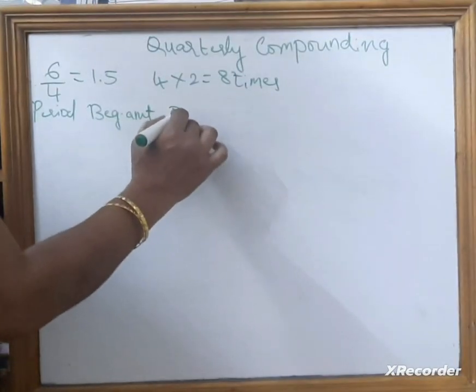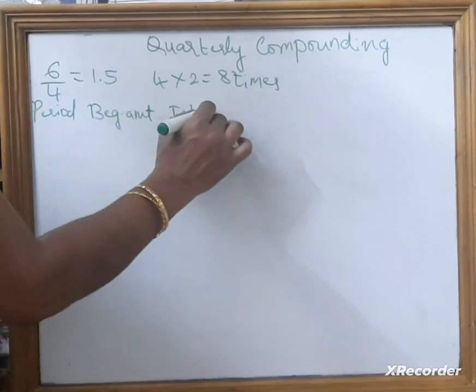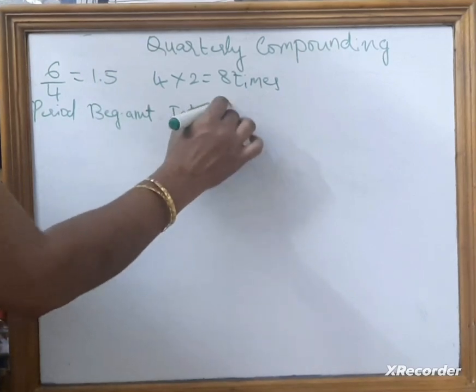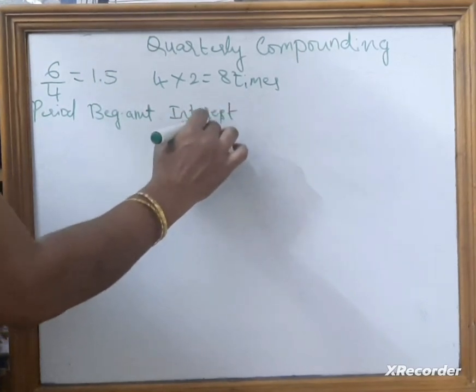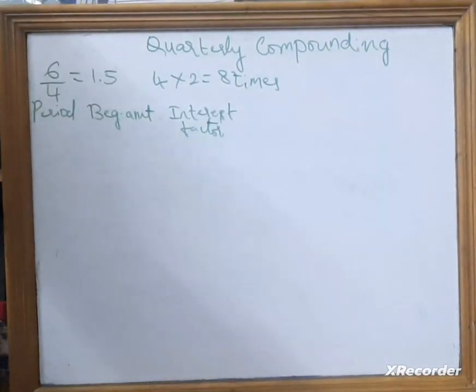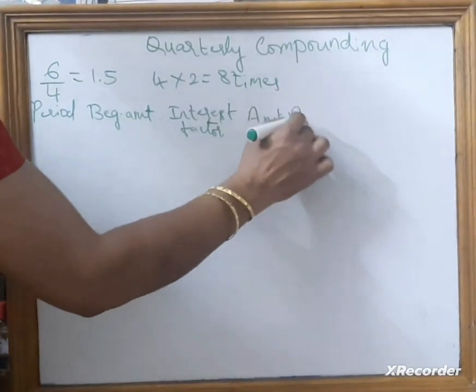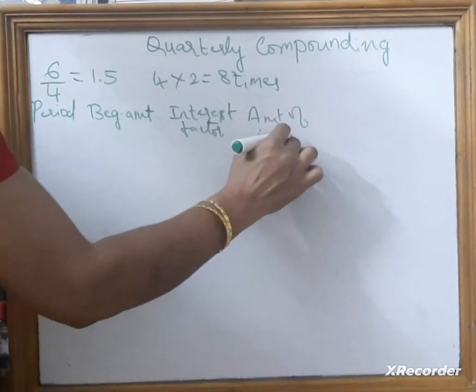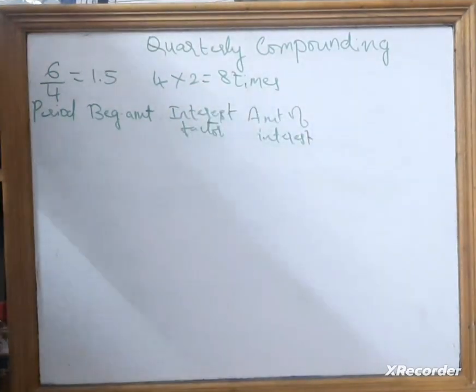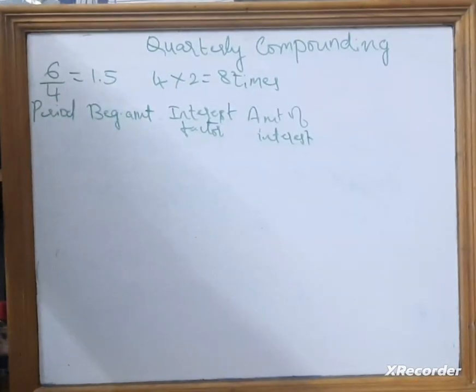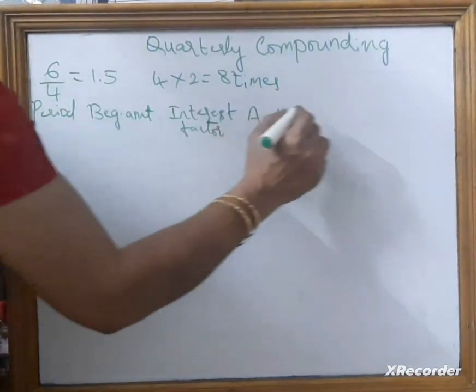So here I will use the PV table, interest factor, the amount of interest, beginning principal and ending principal.